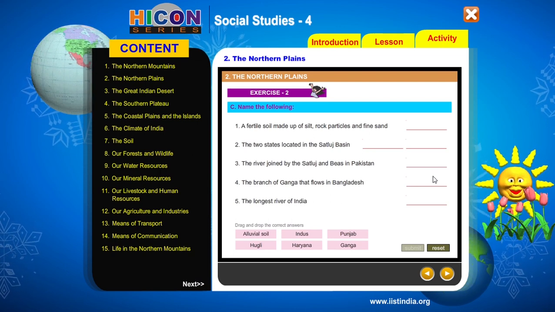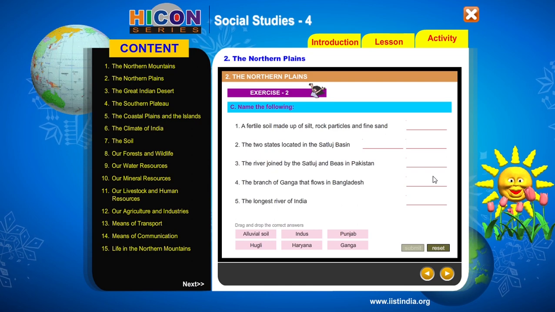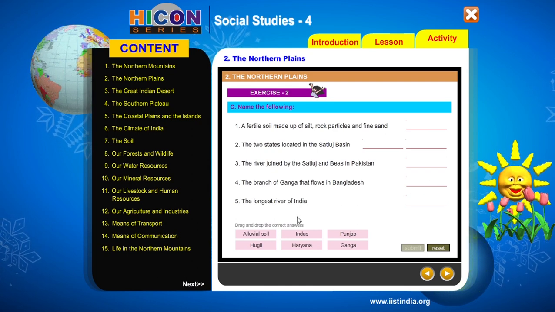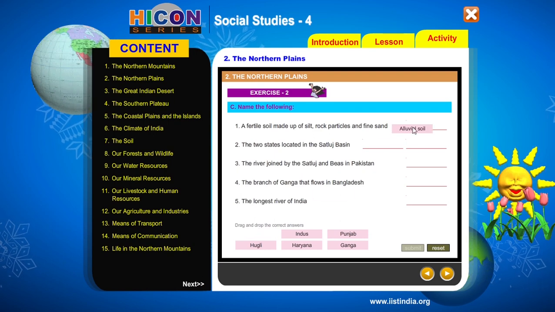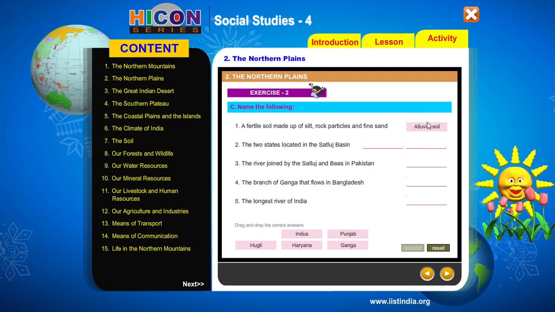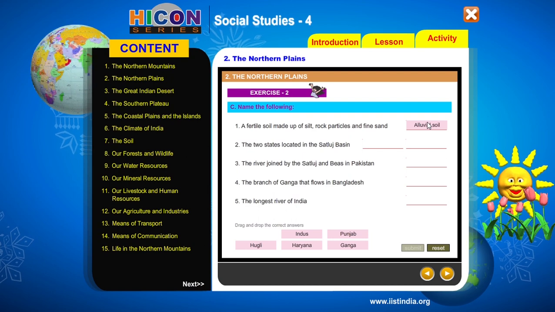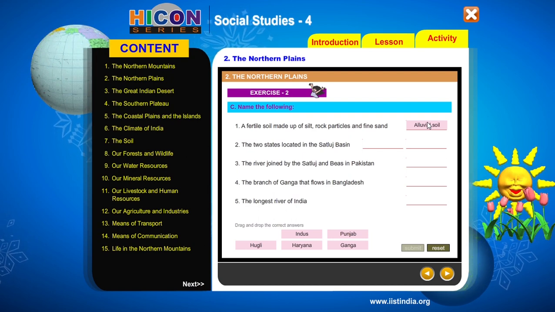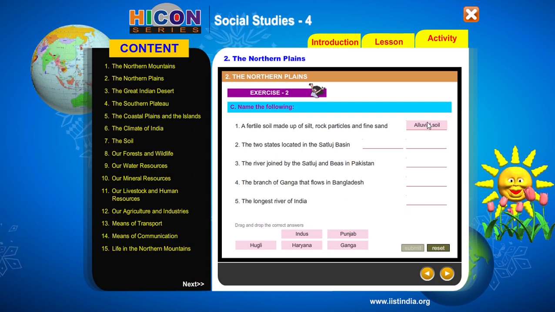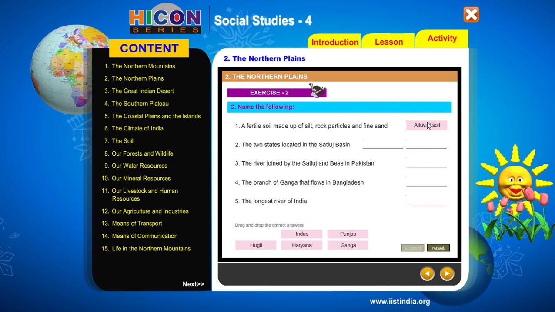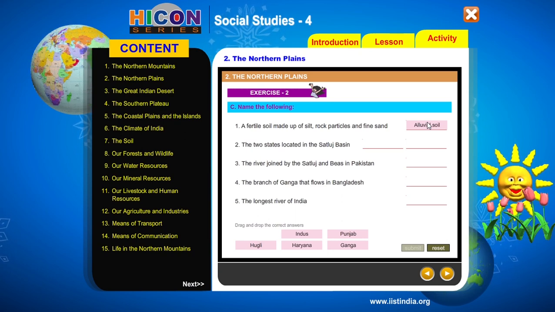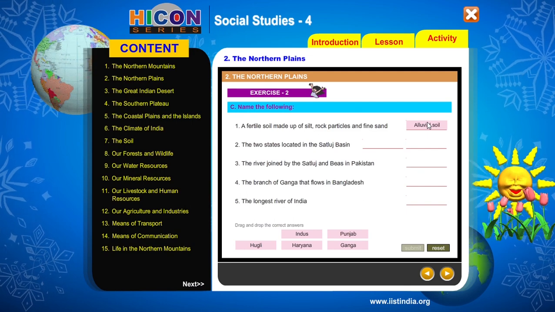A fertile soil made up of silt, rock particles, and fine sand is called alluvial soil. We have seen it. The Himalayan rivers, as they flow down the hills, bring a lot of silt, rock particles, and fine sand, and that gets spread along the plain during the floods, and it settles down, making the soil very fertile there, and that soil is called alluvial soil, isn't it?